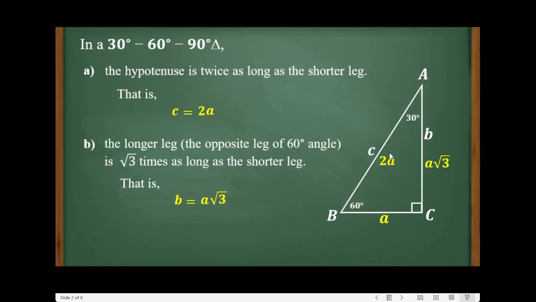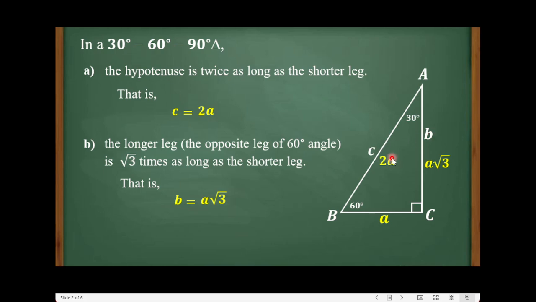And I forgot to take note of the longest side, which is taken from the first property, which is c is equal to 2a. Okay. Now refer to this right triangle for the equivalent of those lengths denoted by small letters a, b, and c.